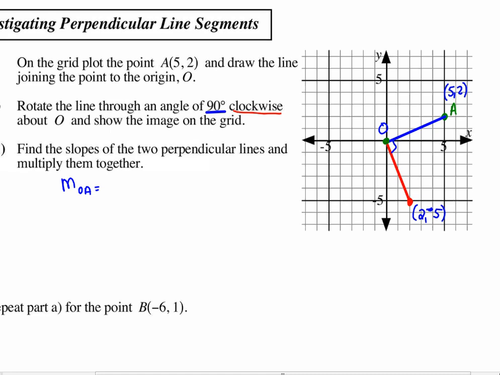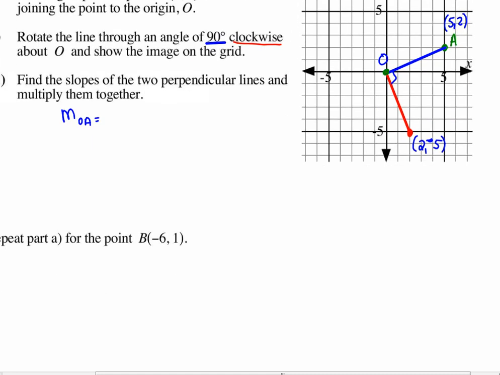Should we try with the slope formula, or do you want to use rise over run? Okay, let's try with the slope formula because it's good practice. That's a point 0, 0. So OA, if we're dealing with the point, we're going to go y2 minus y1 over x2 minus x1, the change in y's. So which would be your first point?